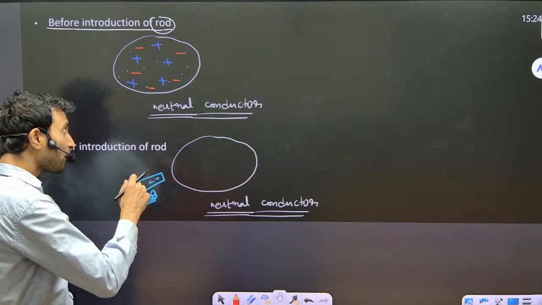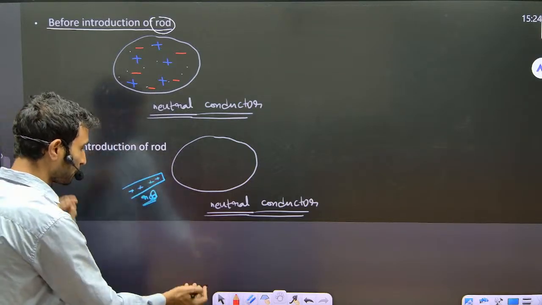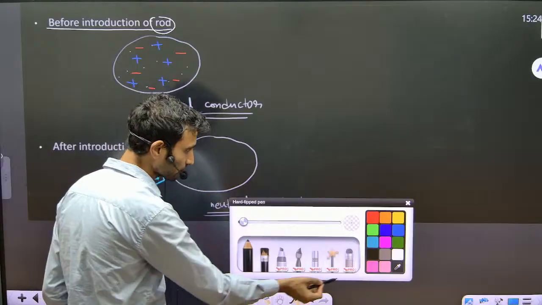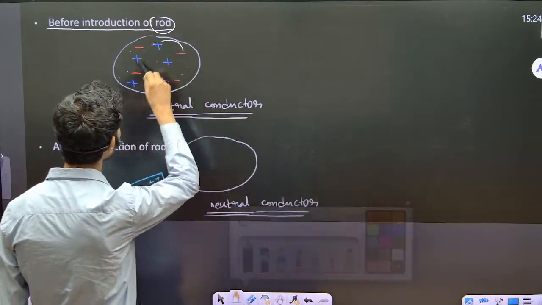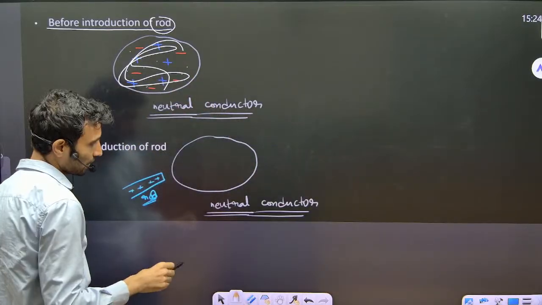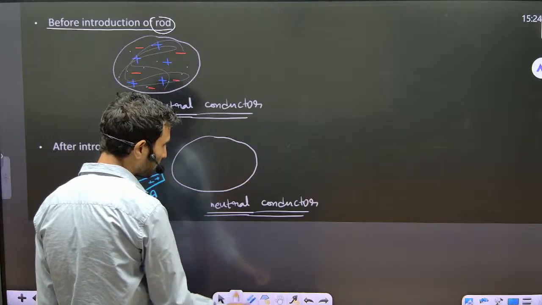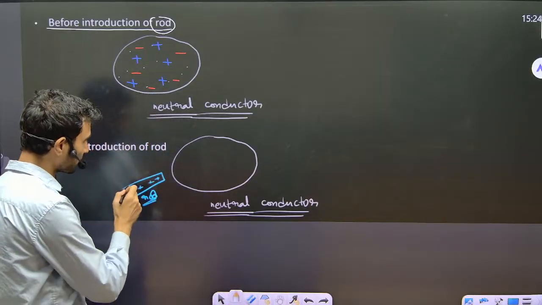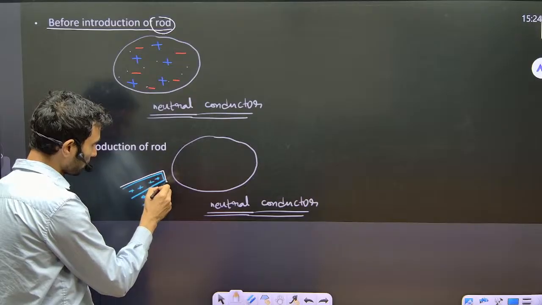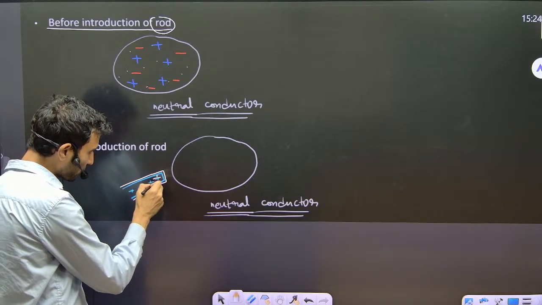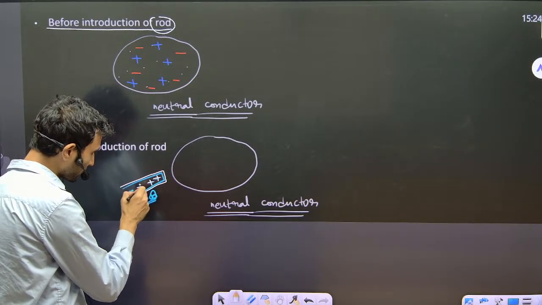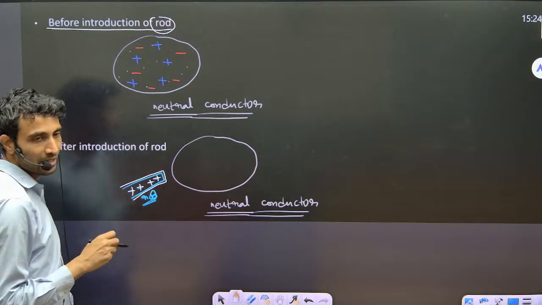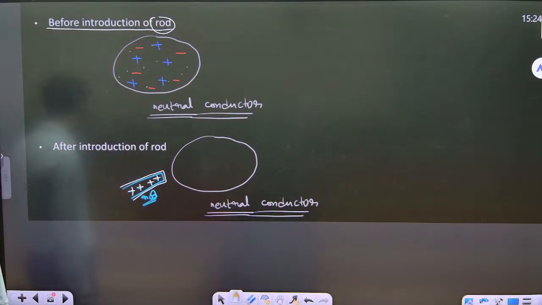Now I know my object is made up of positive and negative charges, right? The rod, being positively charged, is going to attract which charge?